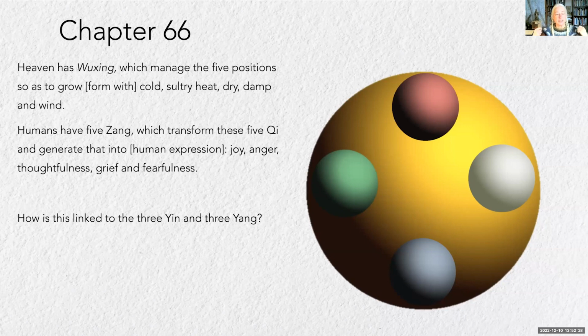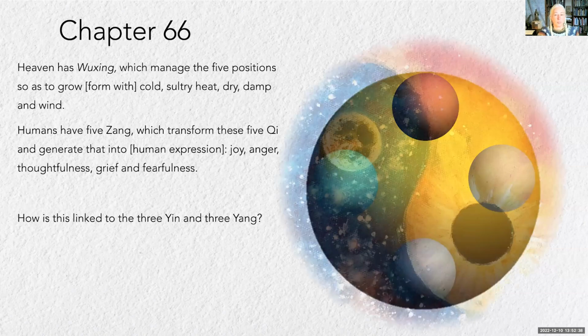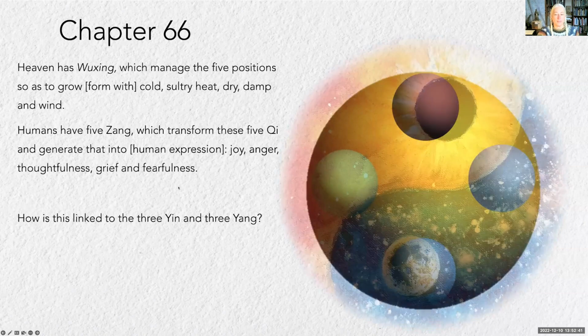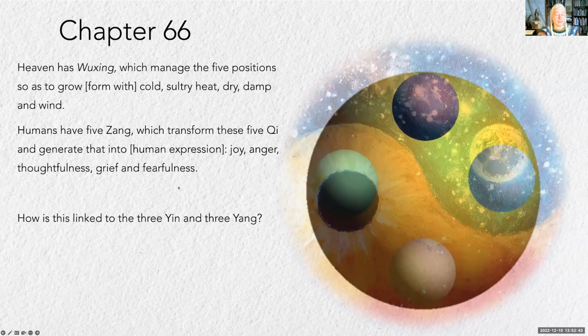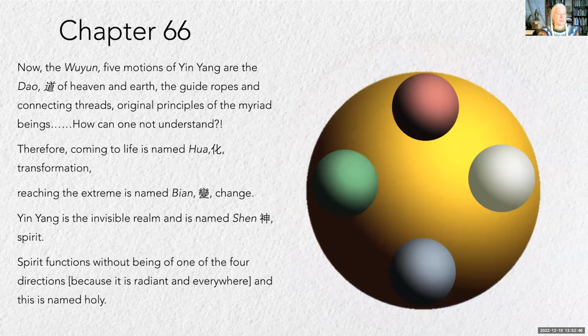And then the Yellow Emperor asks, how is this linked to the 3 yin and the 3 yang? This is that cycle of yin and yang, always going back to it. Okay, it says: now, the Wu Yun, these 5 movements, these 5 motions of yin yang, are the pathways of heaven and earth, the guide ropes and connecting threads, original principles of the myriad beings.